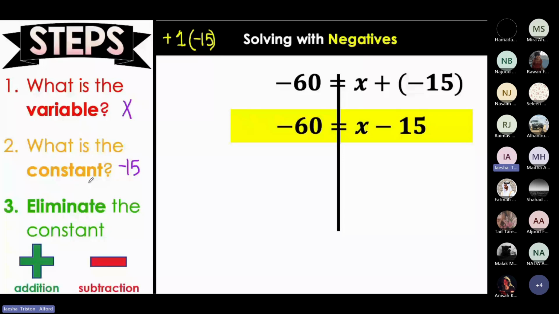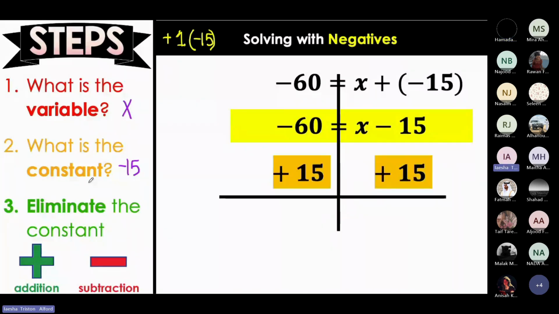How are you going to make it 0? Add 15 on both sides. Start on the side with the variable. Negative 15, add 15, makes 0. The X, you keep it where? Down. Did I change any side?